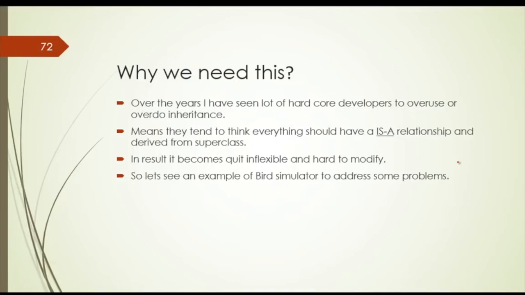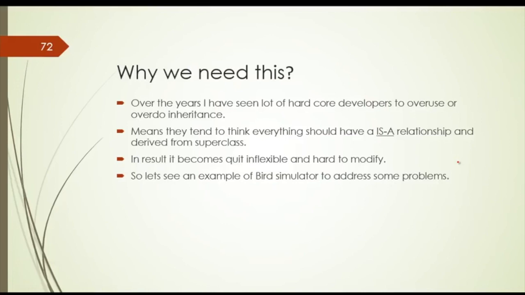So what happens is eventually they will end up with a very inflexible system which is very hard to modify, even though they implemented all the OOP concepts, but they design the system in such a way, they follow the is-a relationship that much hard way, so that the system becomes so inflexible that it becomes very hard to modify. Or if you change in one place, the whole system breaks. That's a real problem. That's really against our modular approach.